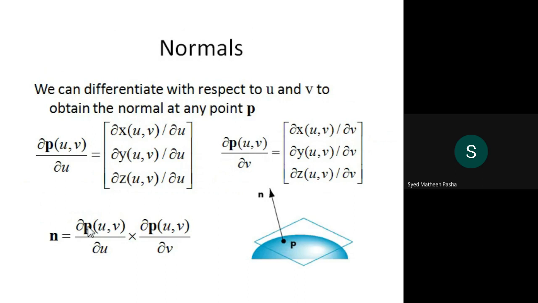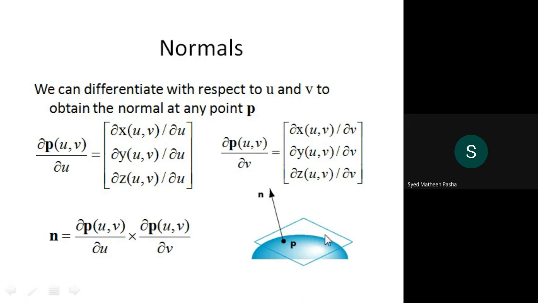Then similarly, we have parametric normals as well. These are some of the topics that come under curves as well as surfaces. We have normals as well. So what is a normal? You can check the diagram represented.